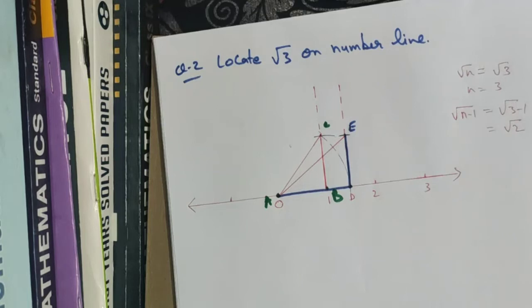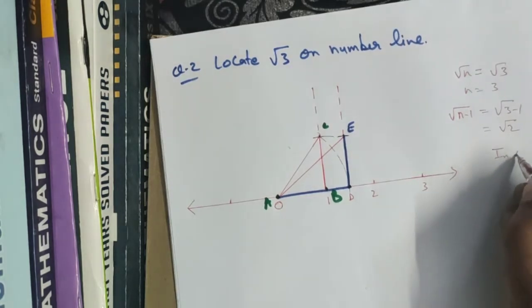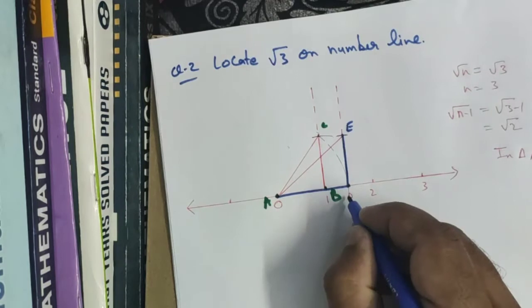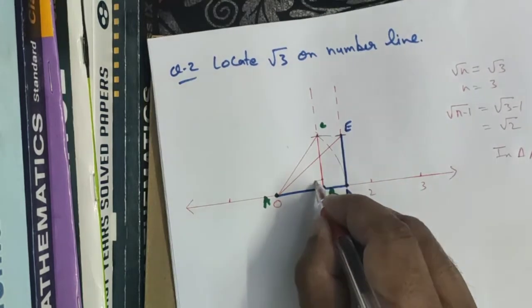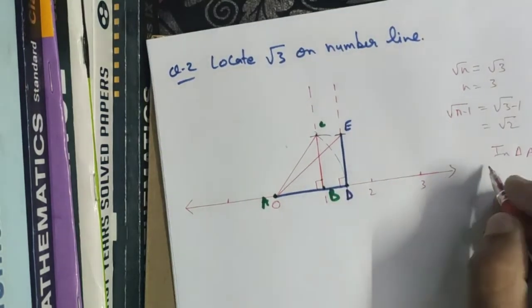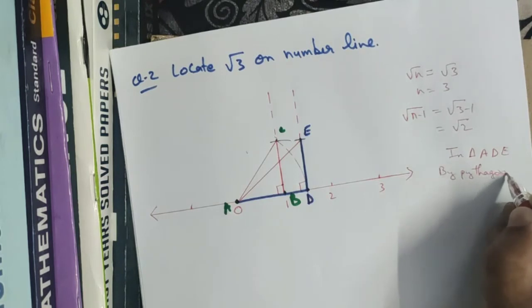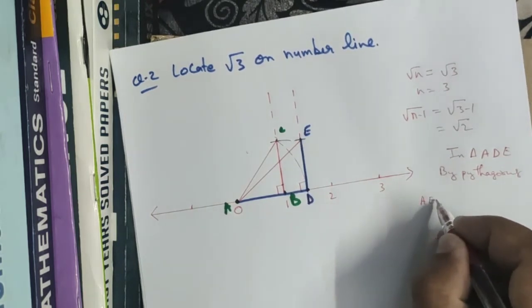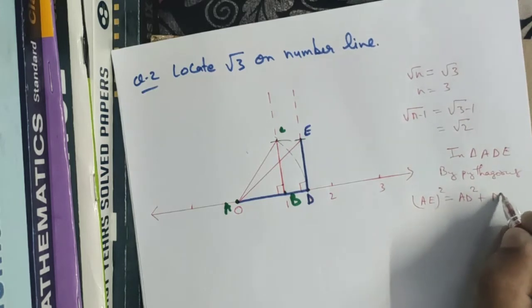So the measurement of AE will be root 3, because if we look at the triangle ADE, remember this is point D, in triangle ADE, which is right angle at D, by Pythagoras theorem we can say that AE square will be equal to AD square plus DE square.